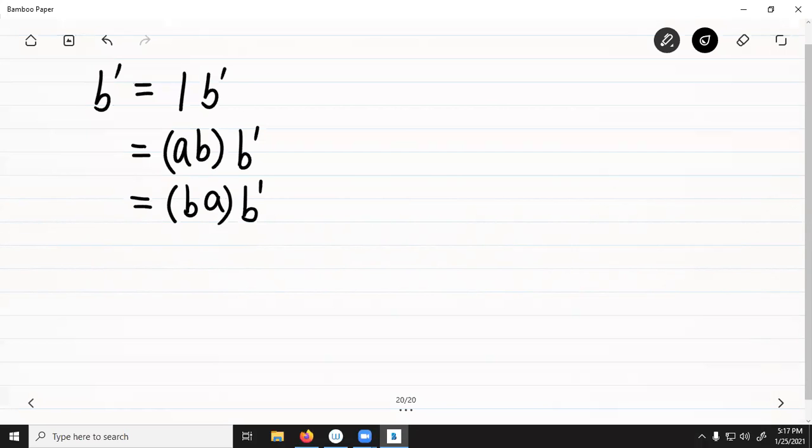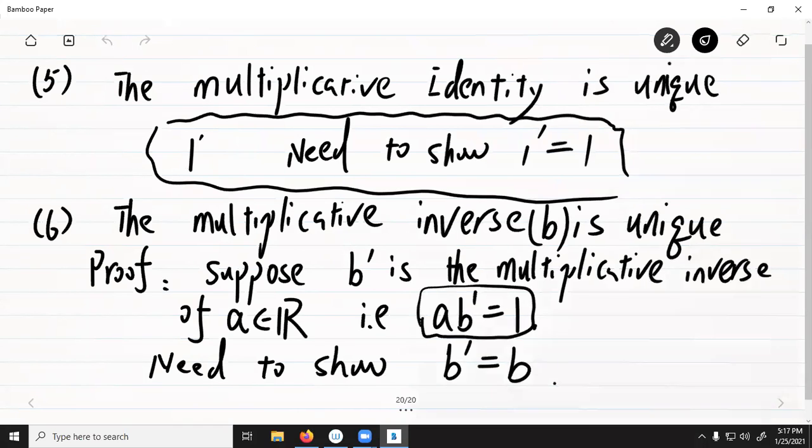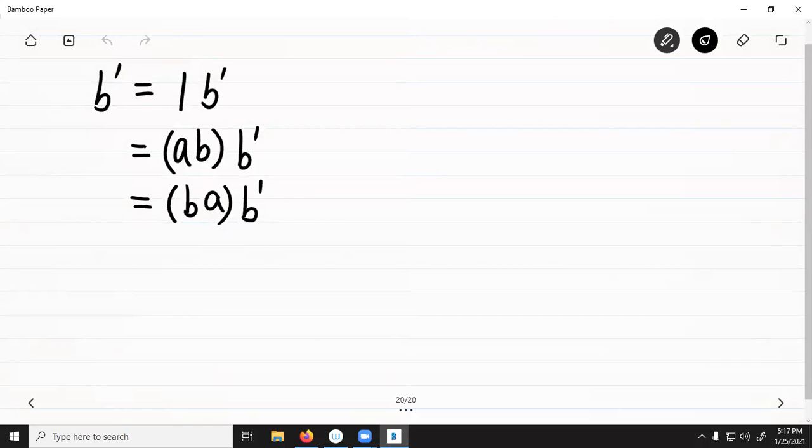Why do we want to do that? Because I want to use this condition. Okay, A times B prime. But here, between A and B prime, there is a B, so we interchange the position. We use the multiplicative commutative axiom. So it equals B times A times B prime. Then we use the associativity.